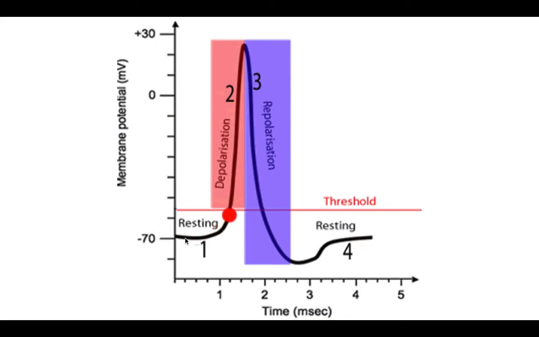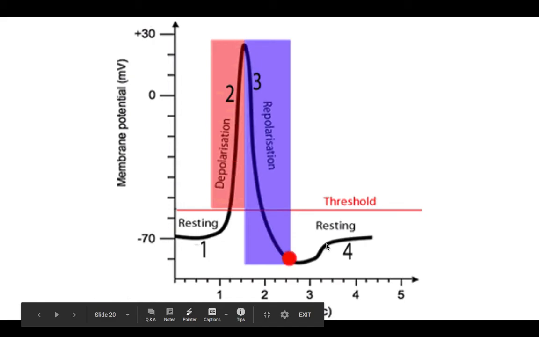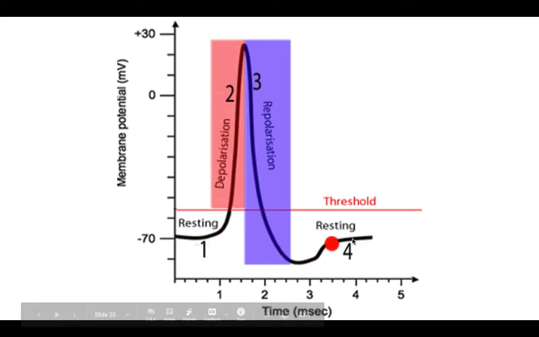But when an action potential happens, as long as you cross this threshold line, you're going to get a quick depolarization as sodium ions rush in, repolarization as potassium ions rush out, temporary hyperpolarization because too much potassium will exit, but then don't worry, from this point on, the sodium-potassium pump will restore the membrane back to its resting membrane potential.